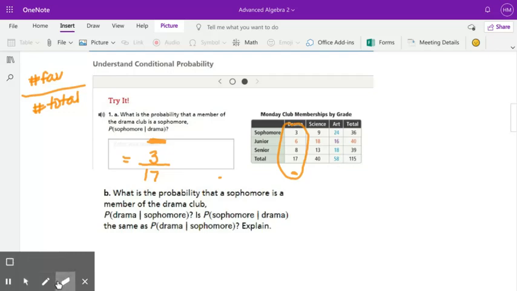So this time I'm interested in the sophomores, which is this subset.